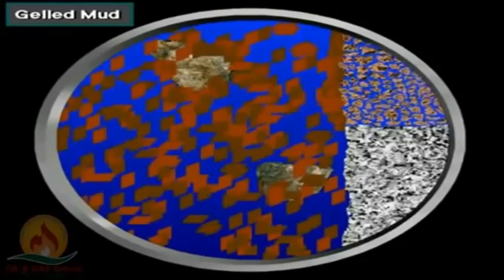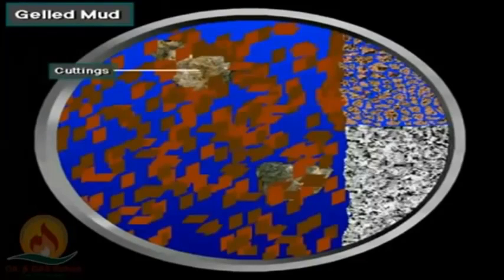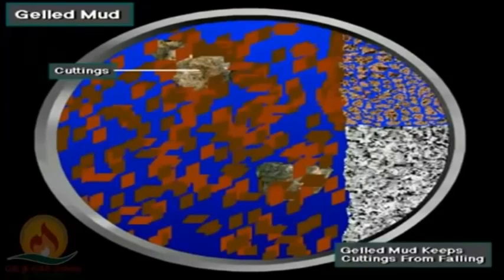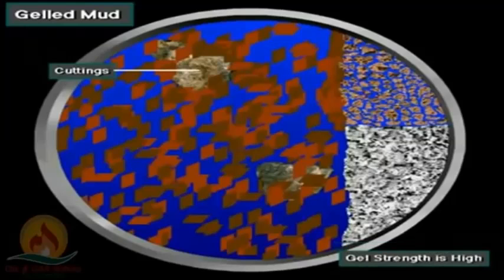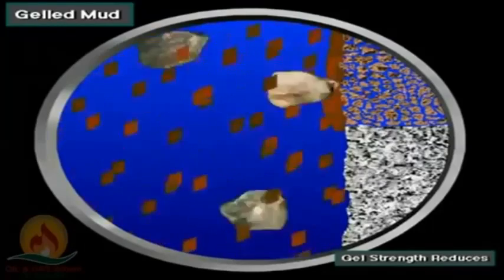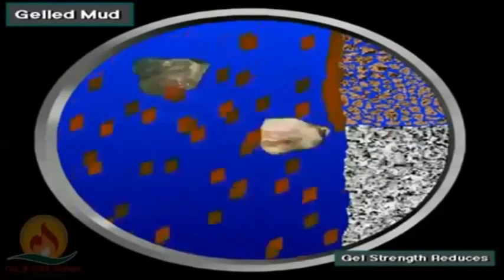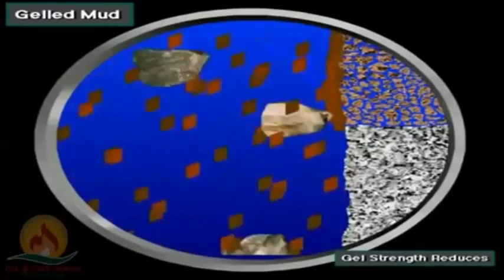At rest, mud gels, that is, it becomes a semi-solid like gelatin. Gelled mud suspends the cuttings. Gelling keeps the cuttings from falling downhole and piling up around the bit. The ability of a gel to keep the cuttings suspended is measured by its gel strength. When the driller starts the pump and resumes mud circulation, the mud's gel strength reduces, which allows the drilling fluid to flow easier.